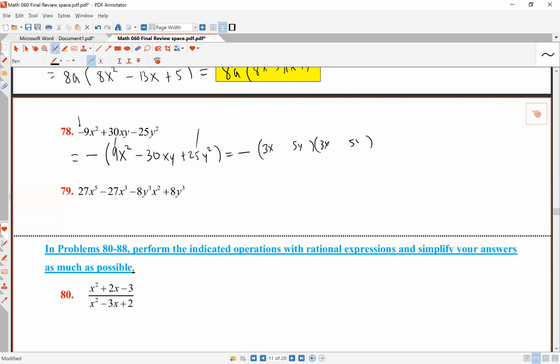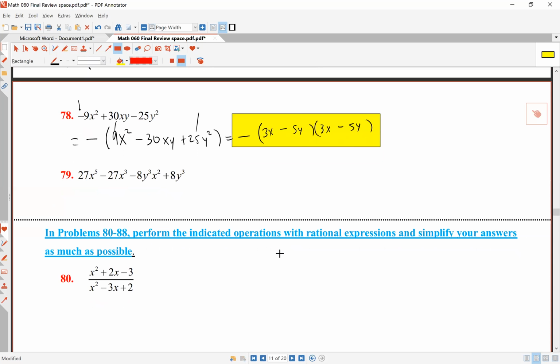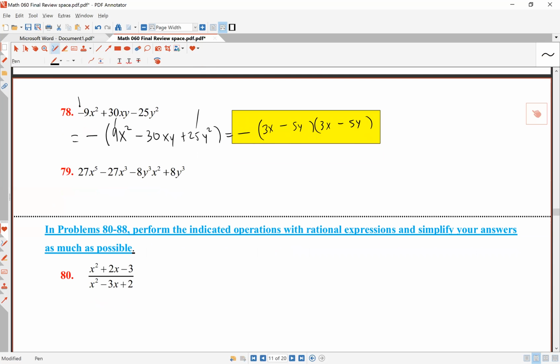And that middle term is 30. And this is correct because we have negative 15xy and negative 15xy, which is negative 30xy. Now you're also welcome to rewrite it as the opposite of 3x minus 5y squared.